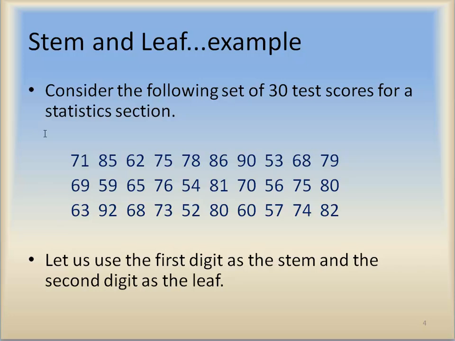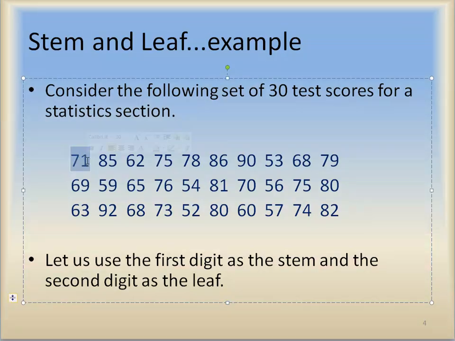If you think of this number, 71, the leaf is the 1 and the stem is the 7. In this second number, the leaf is the 5 and the stem is the 8. So all these numbers, the last digit, the trailing digit, are the leaves, and the leading digits are the stems.